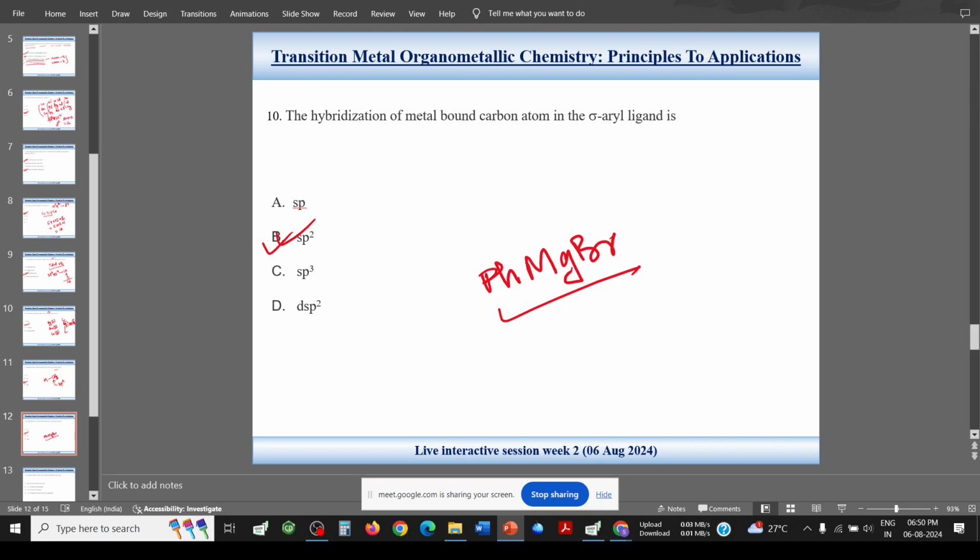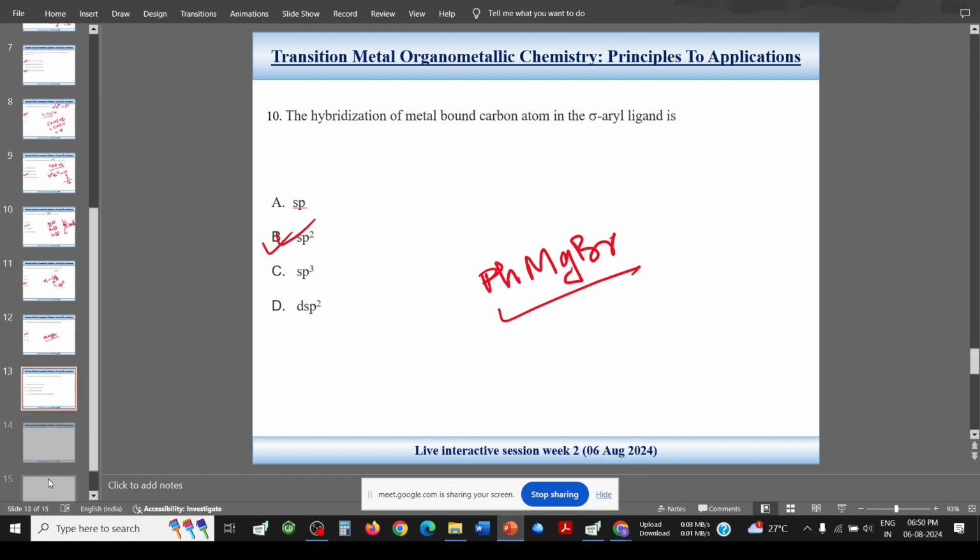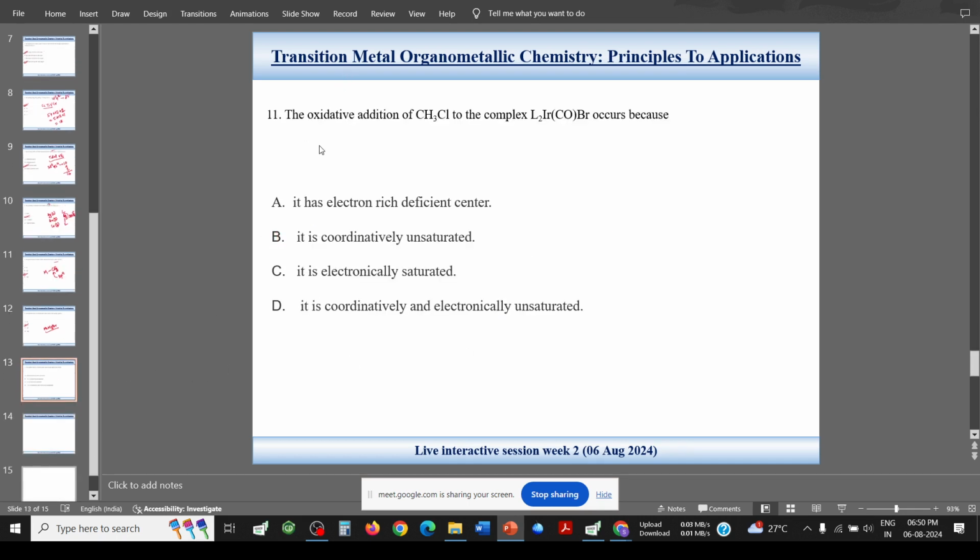So this is a metal bound complex, that is a sigma aryl complex. And I have another question, this is the last question. This question says the oxidative addition of CH3Cl to the complex L2IrCOBr occurs because it has an electron deficient center, it is coordinatively unsaturated, it is electronically unsaturated, it is coordinatively and electronically unsaturated.